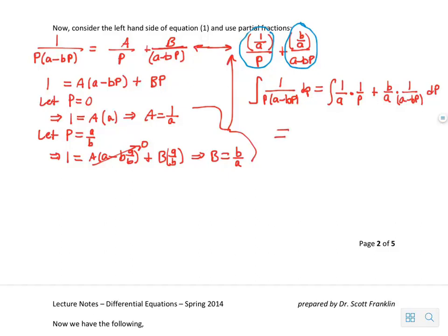So you end up with 1 over a times the natural log of p, plus, you'll have the b over a still out front. And what's the integral of 1 over a minus bp?